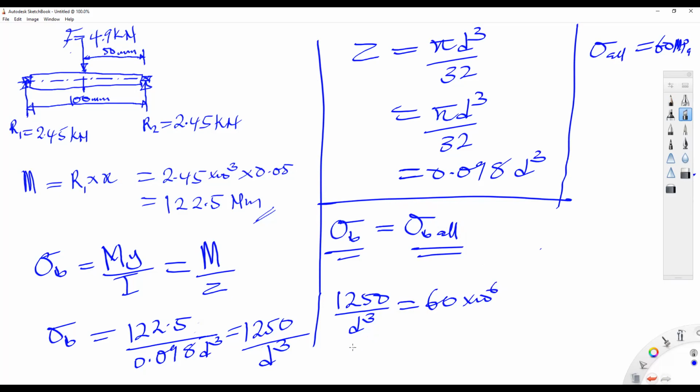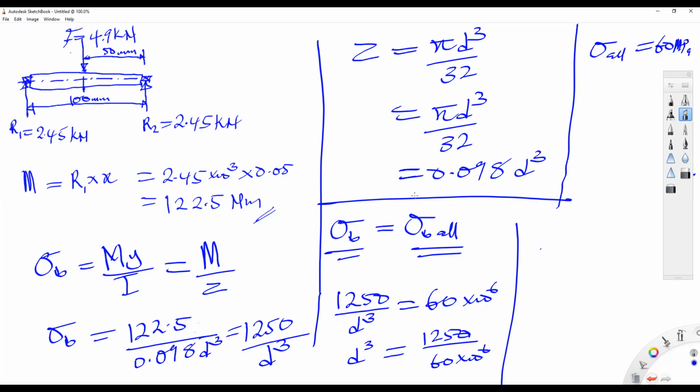So d cubed is equal to 1250 divided by 60 times 10 exponent 6.